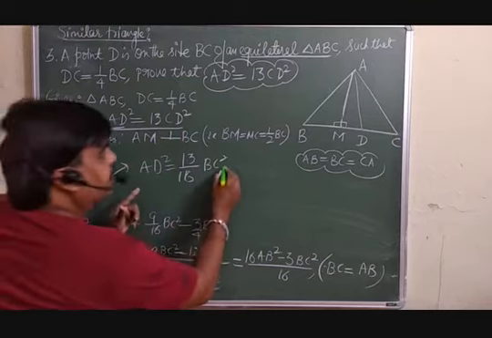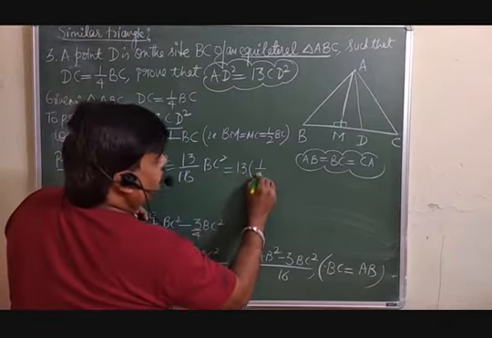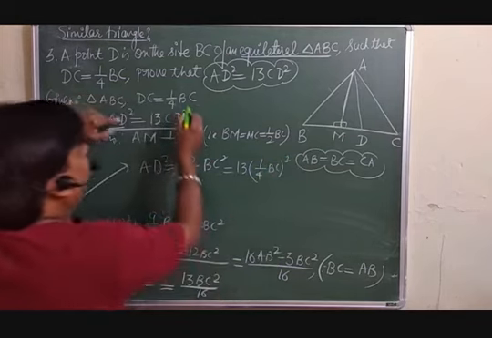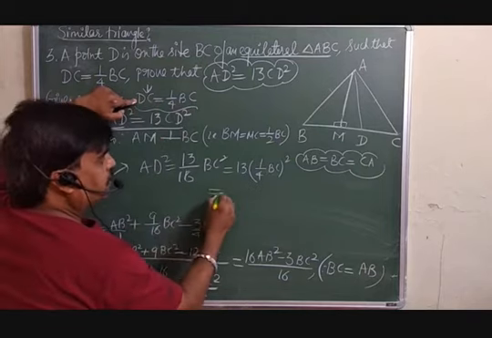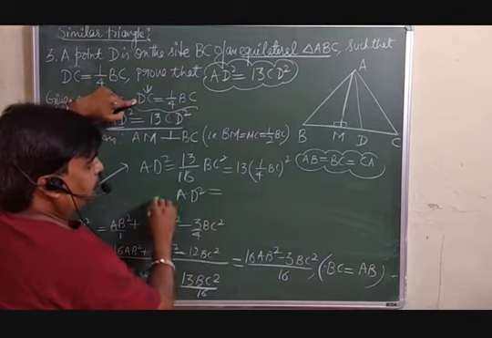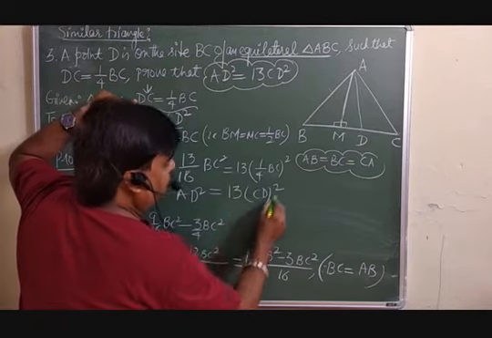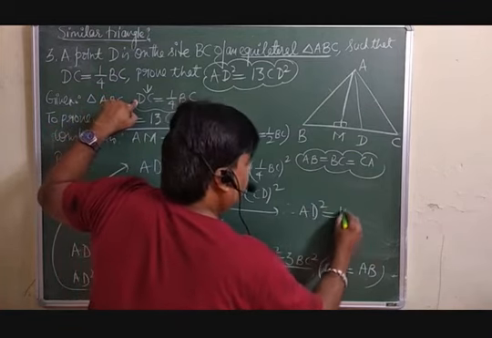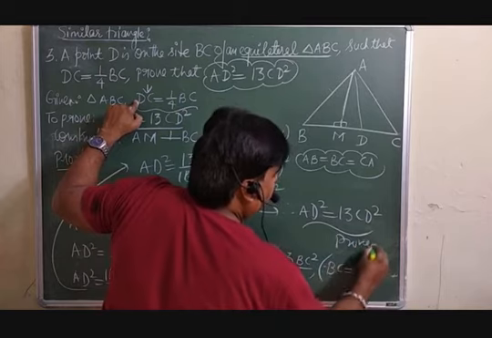BC square by 16 can be written as 1 by 4 BC whole square, and 1 by 4 BC is equal to CD, as given. So AD square is equal to 13 CD square, which you wanted to prove. Have a look.